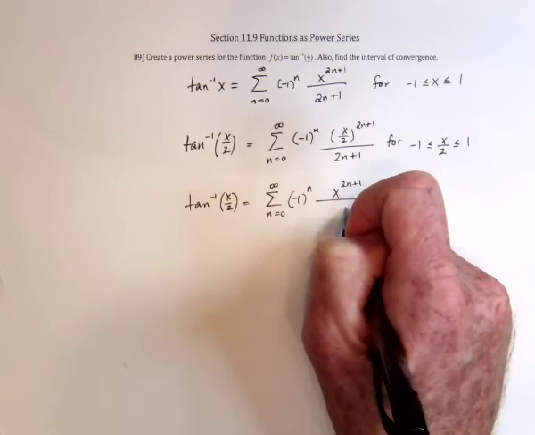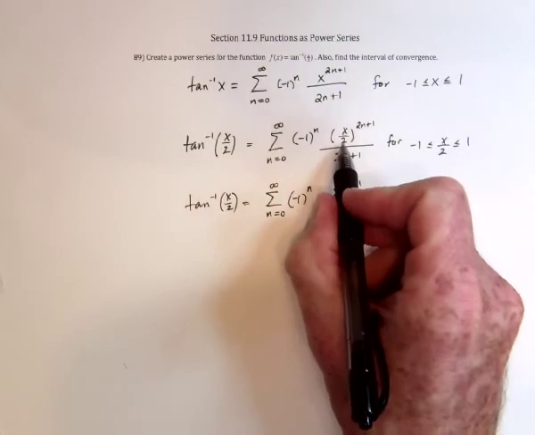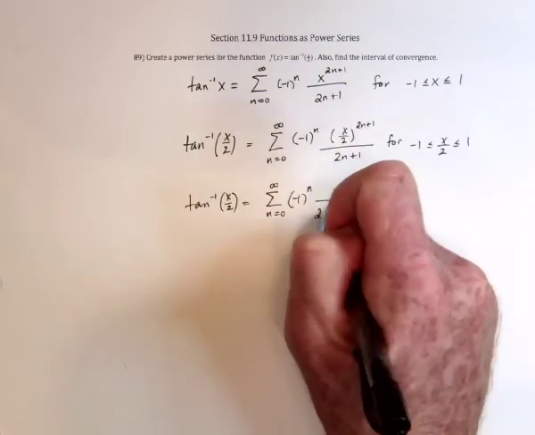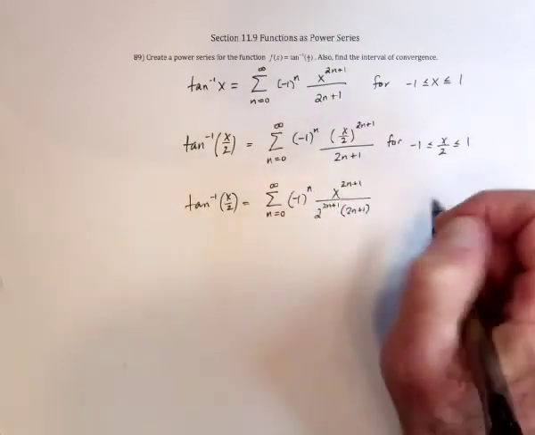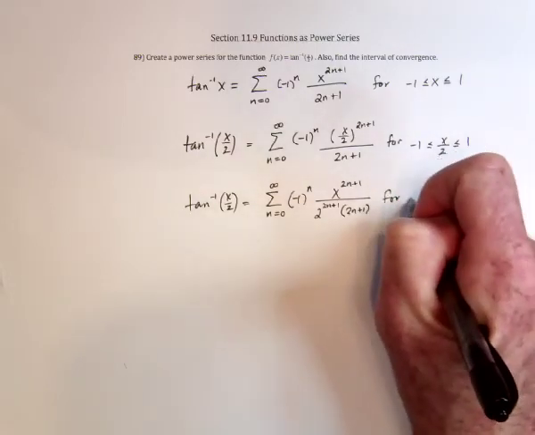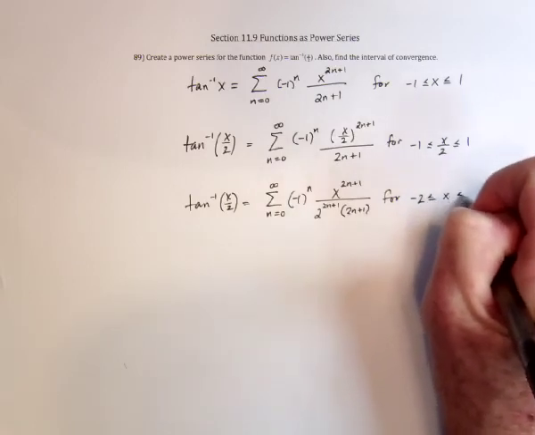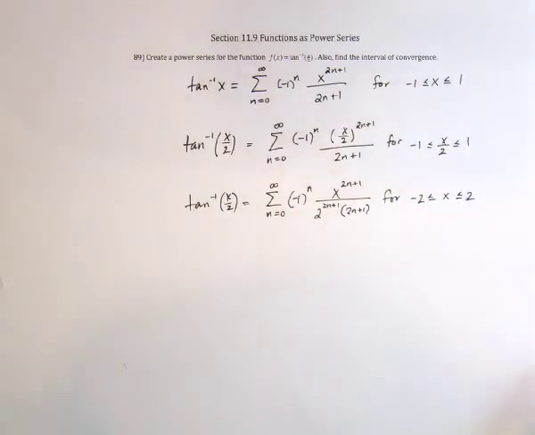It has 2n plus 1 in the denominator, and then move this to the denominator, 2 to the 2n plus 1. And then just multiply this by 2, so it works for x between -2 and 2.